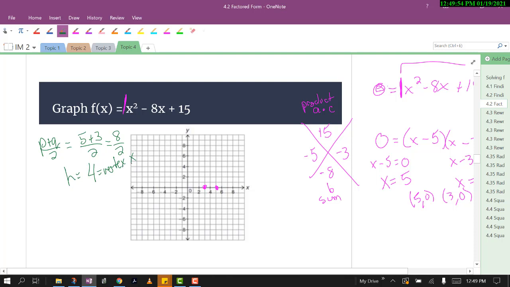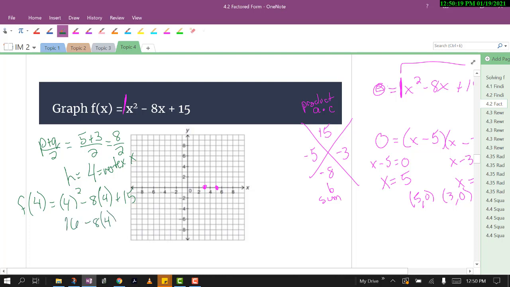So we're halfway there. Now we need to find our y, and we just substitute that back in. So f of 4, so that would be 4 squared minus 8 times 4 plus 15. So parentheses first, nothing inside parentheses to do. Exponents, yep, we got one.